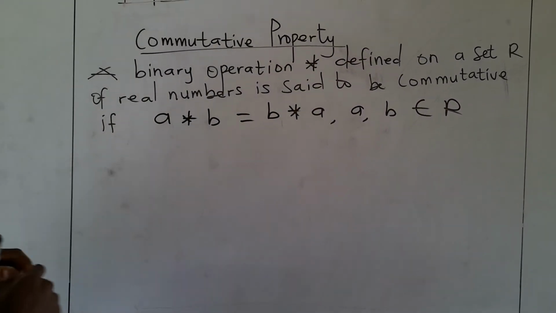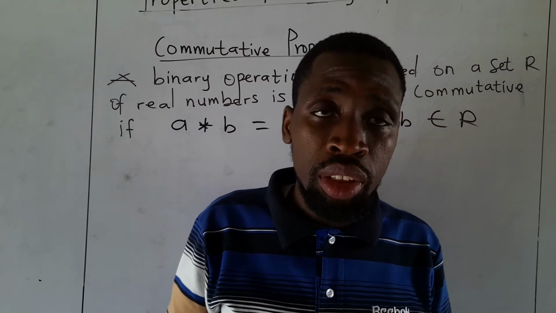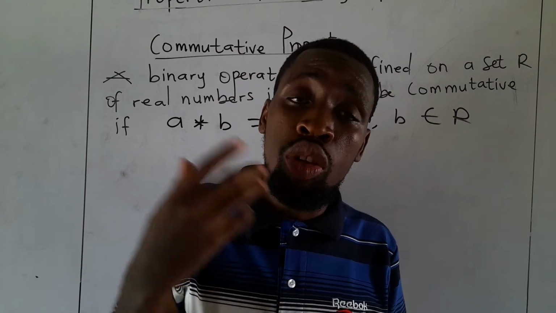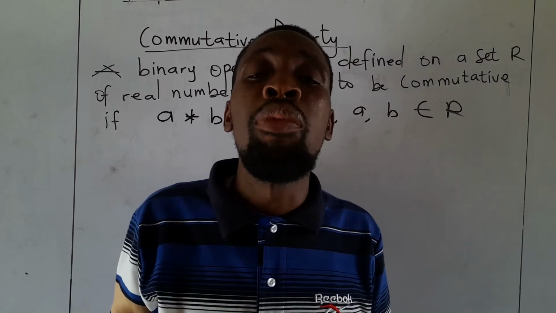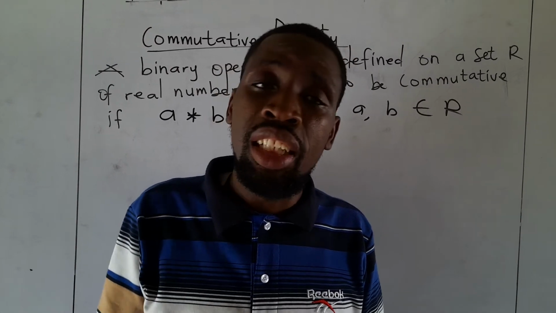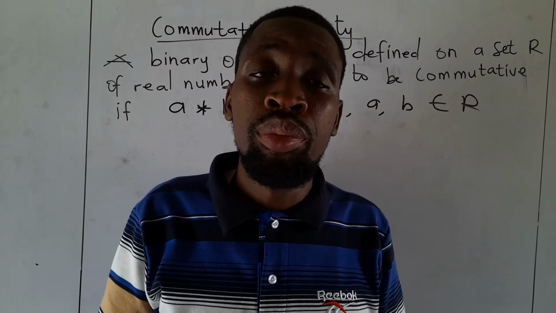So if a binary operation is defined on a set R of real numbers and we find that the value of A star B is the same as B star A, then we say that the operation defined on that set is commutative. So how do we prove that?